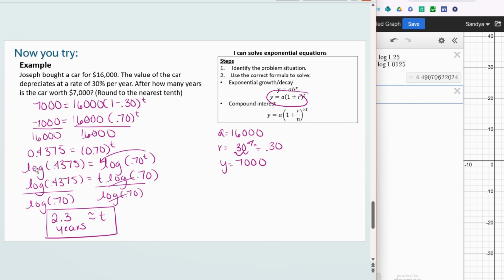And then we go ahead and take the log of both sides. So we have the log of 0.4375 equals the log of 0.7 to the t. Remember, the power property allows me to bring that t in front, and then I divide both sides by the log of 0.7, which gives me about 2.3 years. Okay, that is a reasonable value. That makes sense, that it would depreciate from 16,000 to 7,000 in about 2.3 years if the rate is 30%.